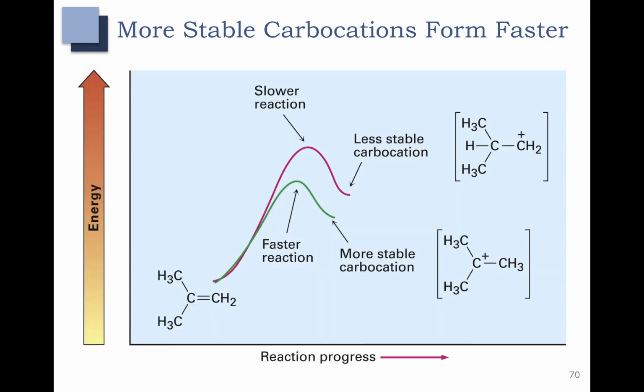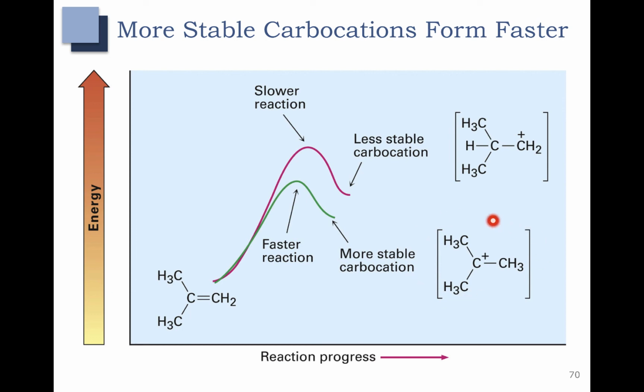Here's a reaction coordinate diagram, and this actually isn't a reaction we've covered before, but it's showing a double bond, and a double bond can react to form either a positive charge on the left or a positive charge on the right. And it's showing the two possibilities.